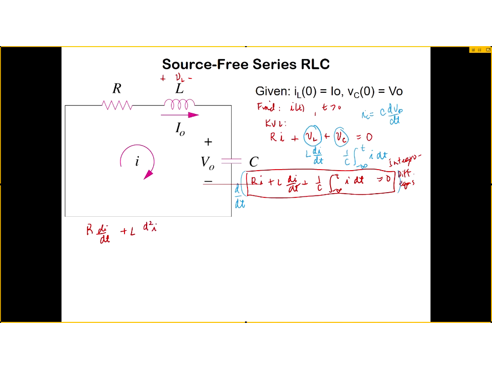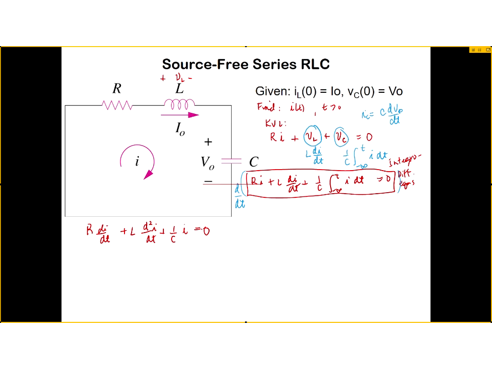Plus L, what's the derivative of dI/dt? d squared I/dt squared plus 1 over C times, what's the derivative of an integral? It's just the function itself, right? So it becomes I equals 0. And that's the reason why we differentiated in order to get rid of the integral part of the equation. Everyone okay? How I got from here to here? Derivative of an integral is just the function itself.